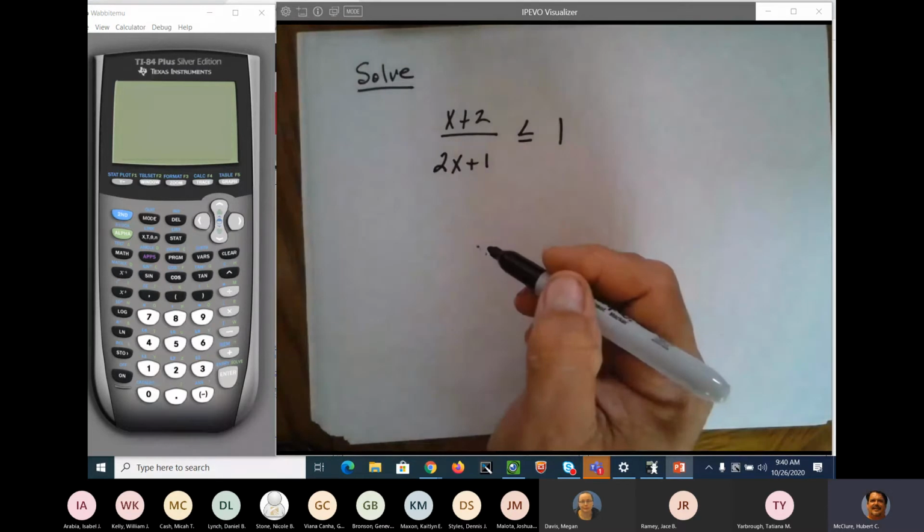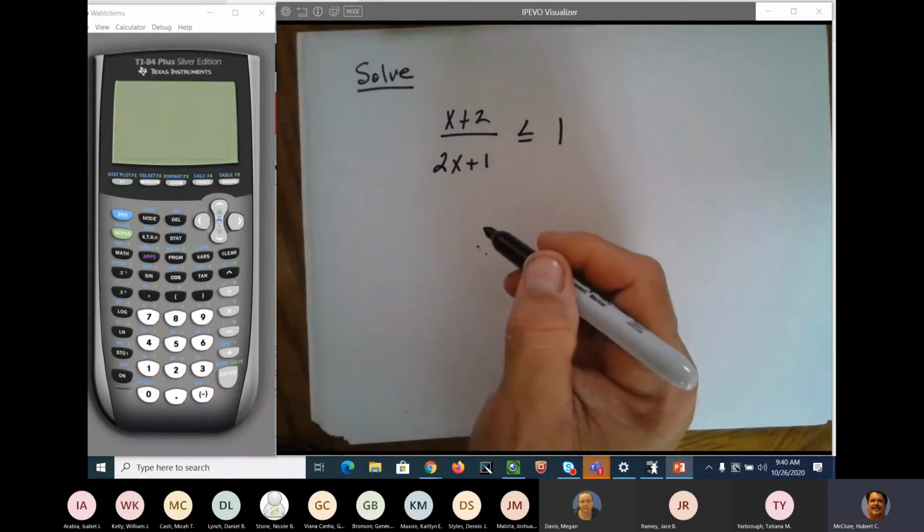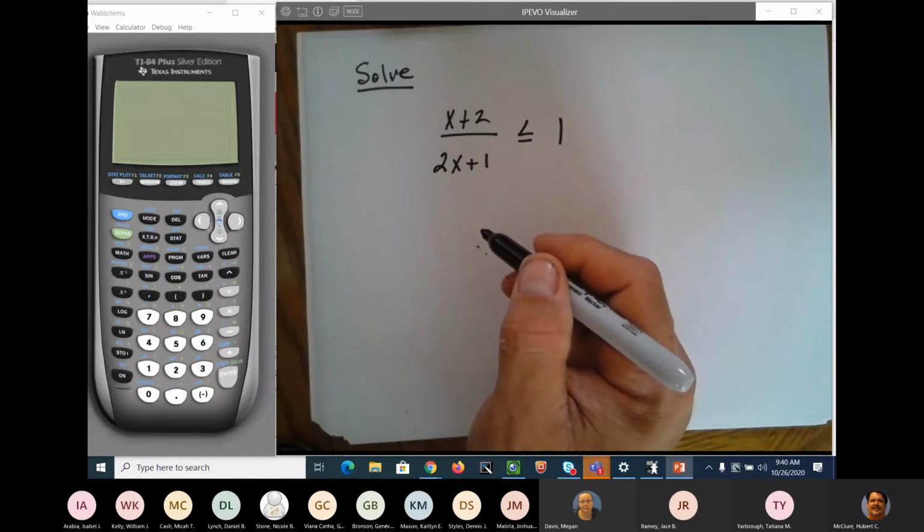Now you don't have to. You could multiply both sides by 2x plus 1. You could do that if you wanted to. You could bring the 1 over.